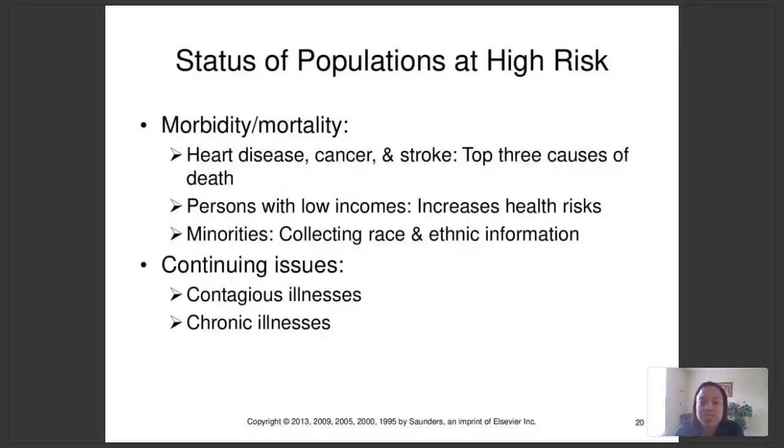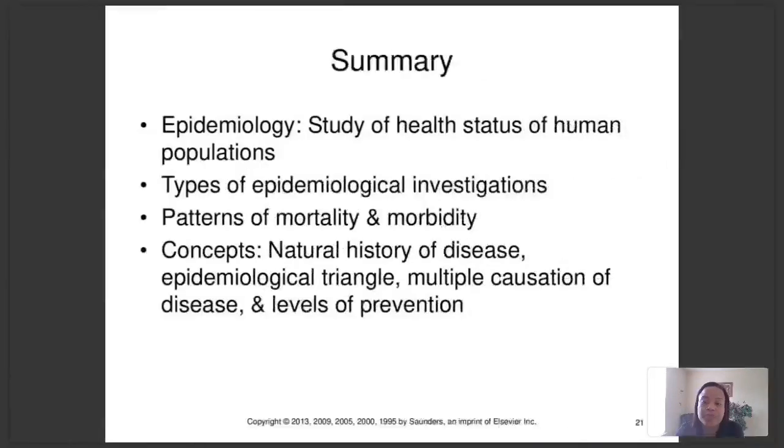The other things that you may want to look at in terms of the status of populations at high risk is whatever continuing issues are going on. So what contagious illnesses are likely to occur? Measles on the cruise ship is a great example of that. What other chronic illnesses are contributing to what's going on as well?